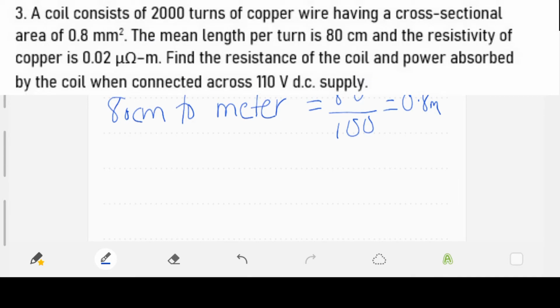But they told us that the number of turns is 2000.